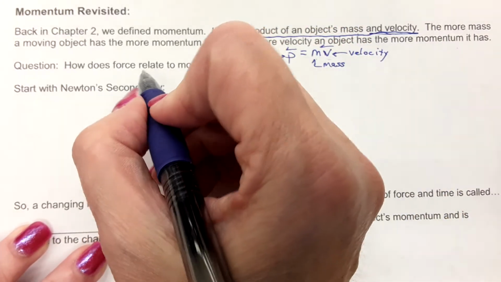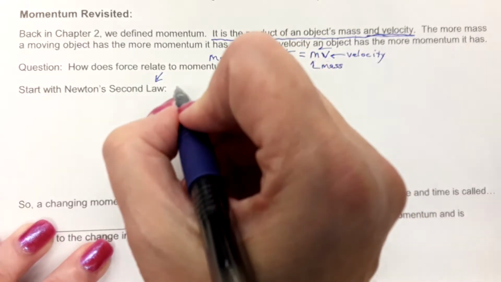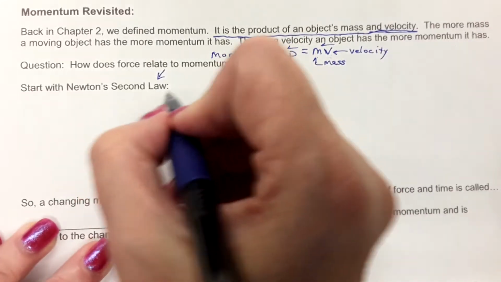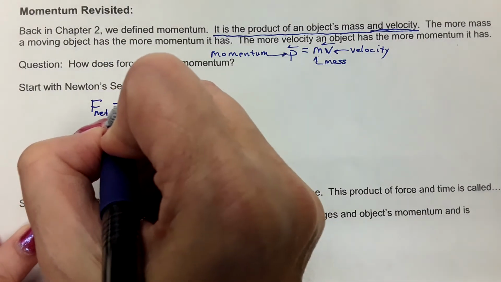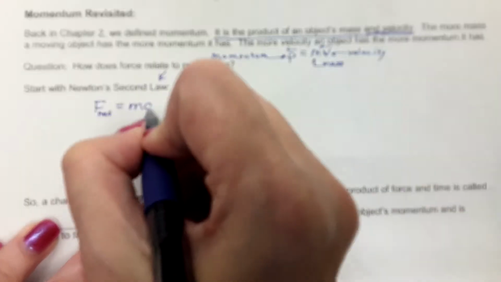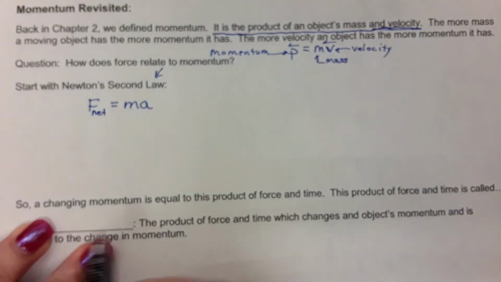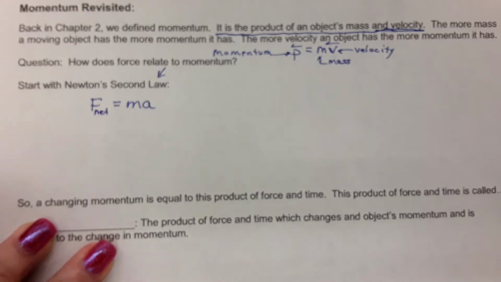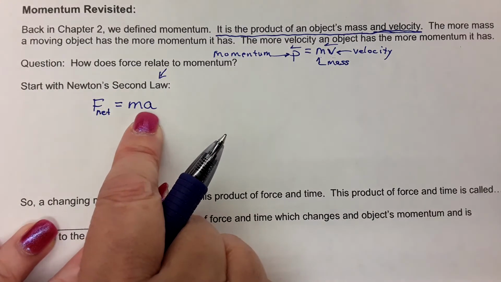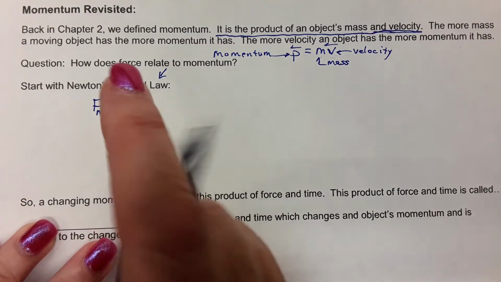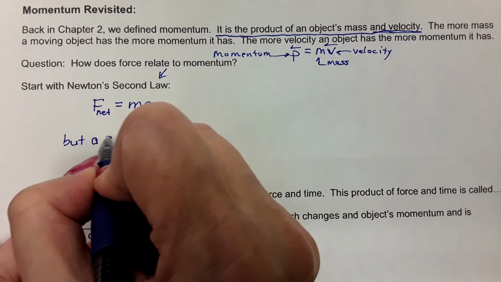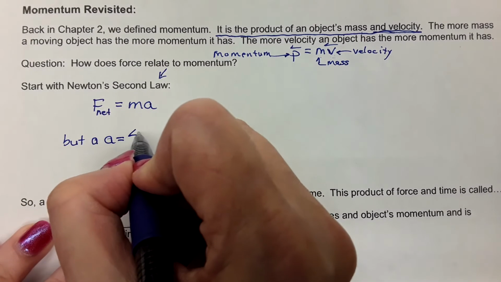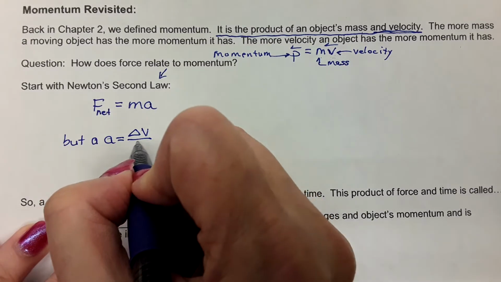Well, we're going to start with Newton's second law. We already know that Newton's second law is F net equals the mass of the object times its acceleration, right? Okay. We also know that acceleration is a change in velocity with respect to time.